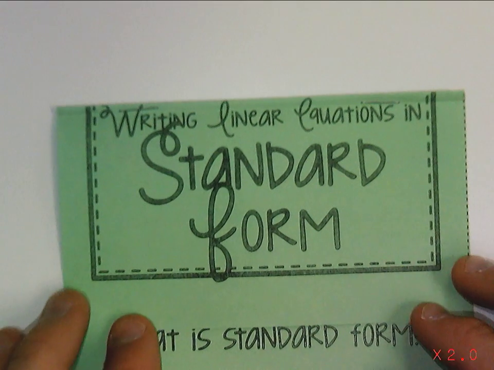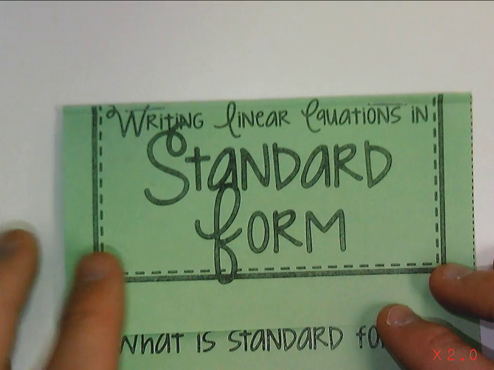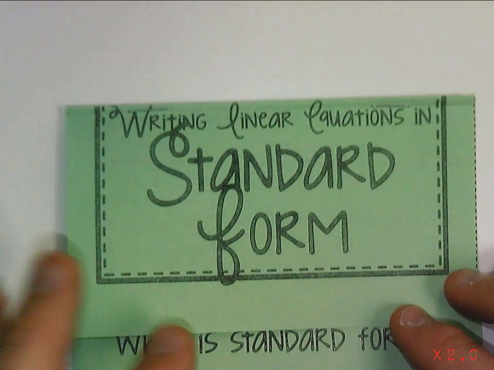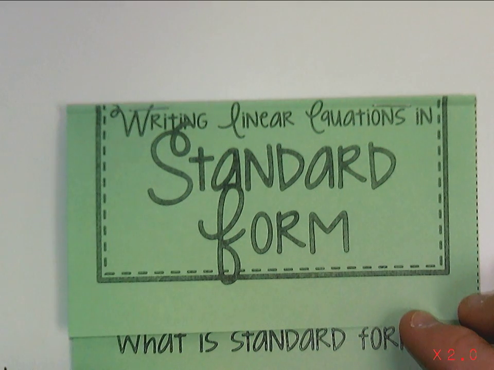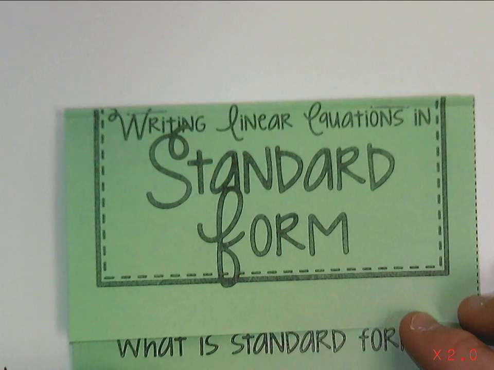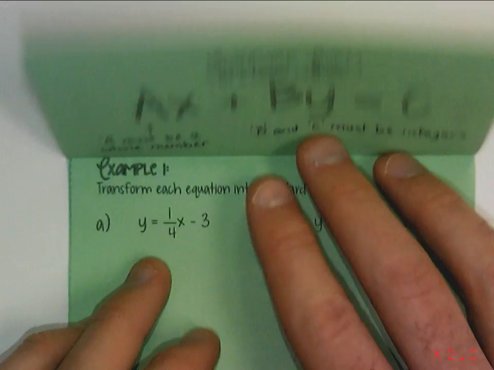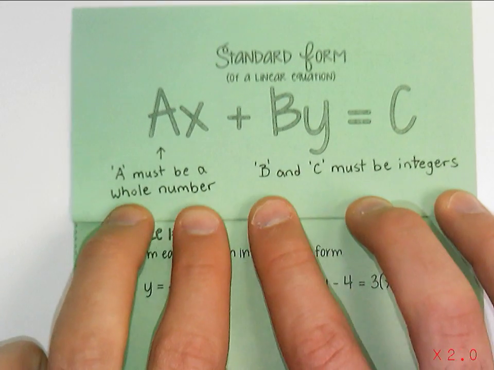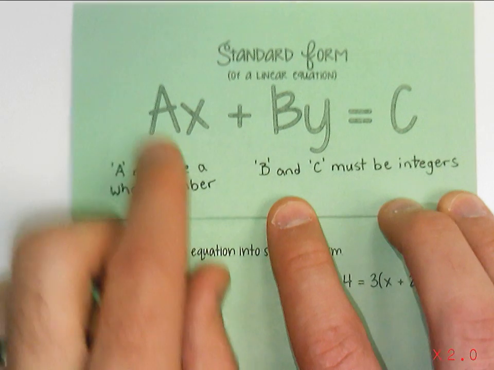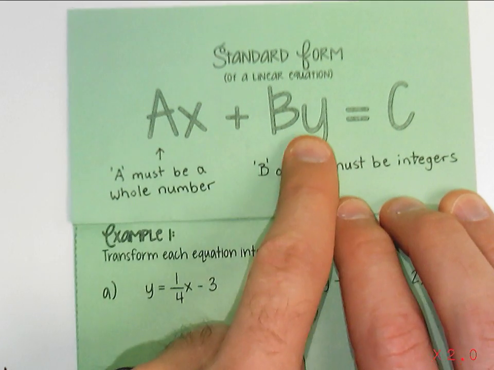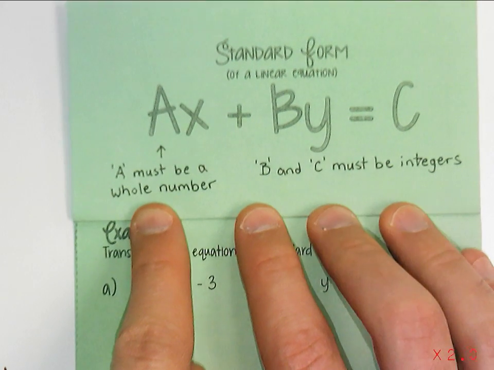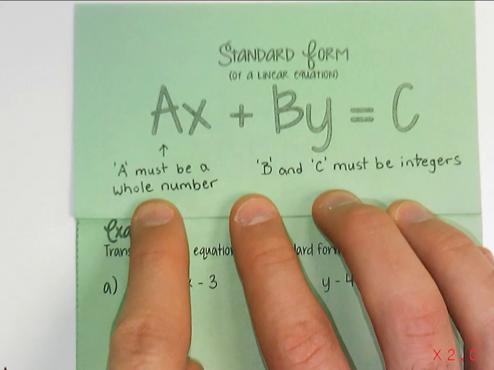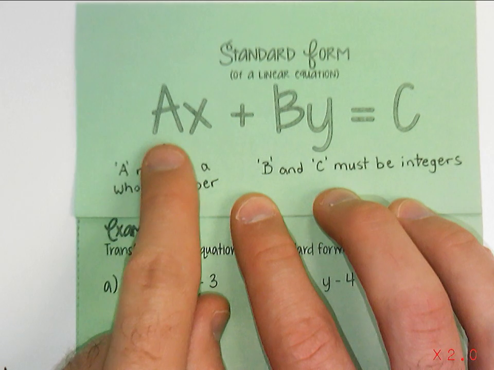Alright, so as you know, we've been working with linear equations, especially slope-intercept form and point-slope form, but there is a third version of an equation for a line, and that's known as standard form. Standard form is ax plus by equals c, where a must be a whole number, and for our purposes we're always going to make a positive.